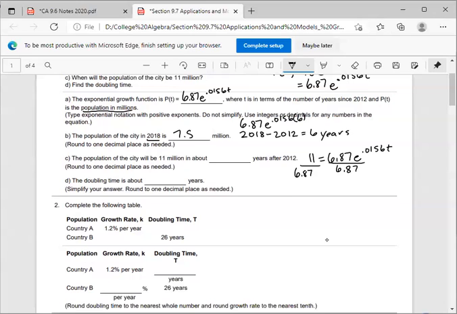So we would get 11 divided by 6.87. And when you do this, you're going to get a decimal, and you don't want to go ahead and write down everything on the screen because this problem is being rounded to one decimal place. And if you cheat too much and round too much up front, you're going to get the answer wrong.